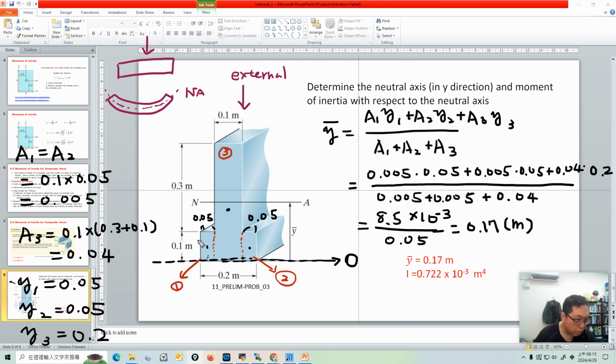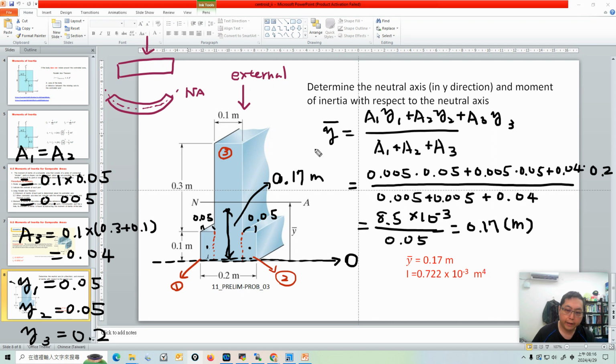So the centroid is probably here, and its distance from the base is about 0.17 meter. That's the centroid, the neutral axis of this composite area.